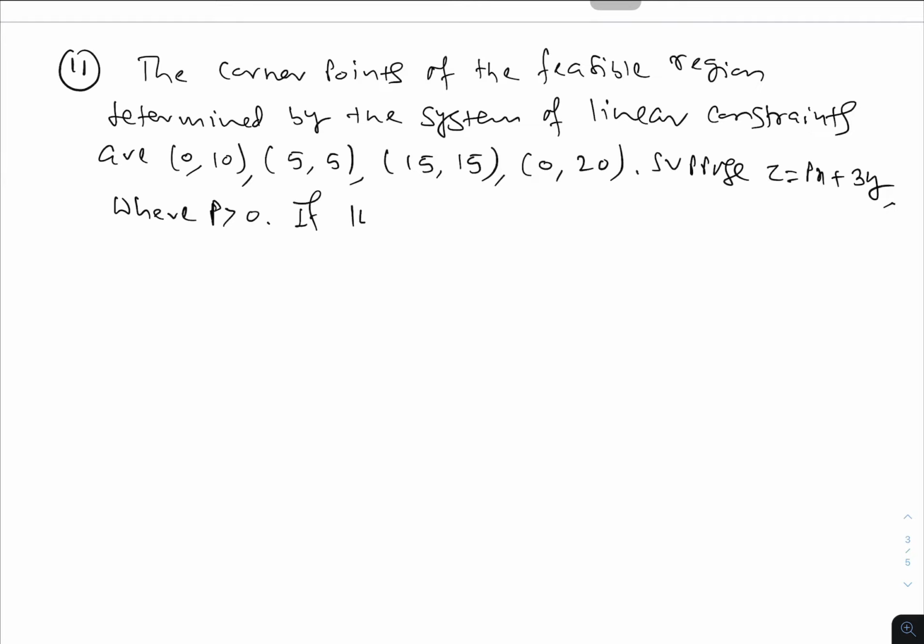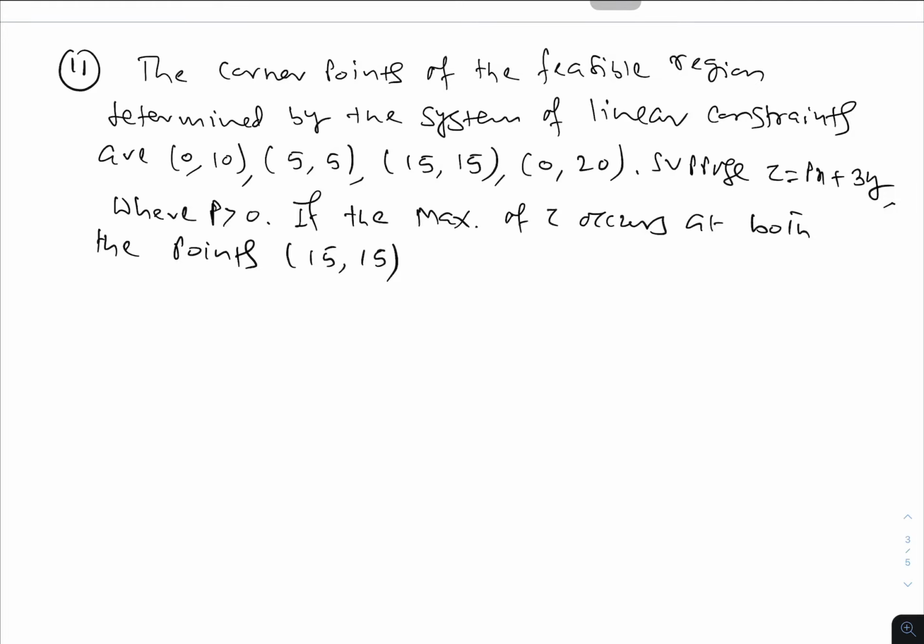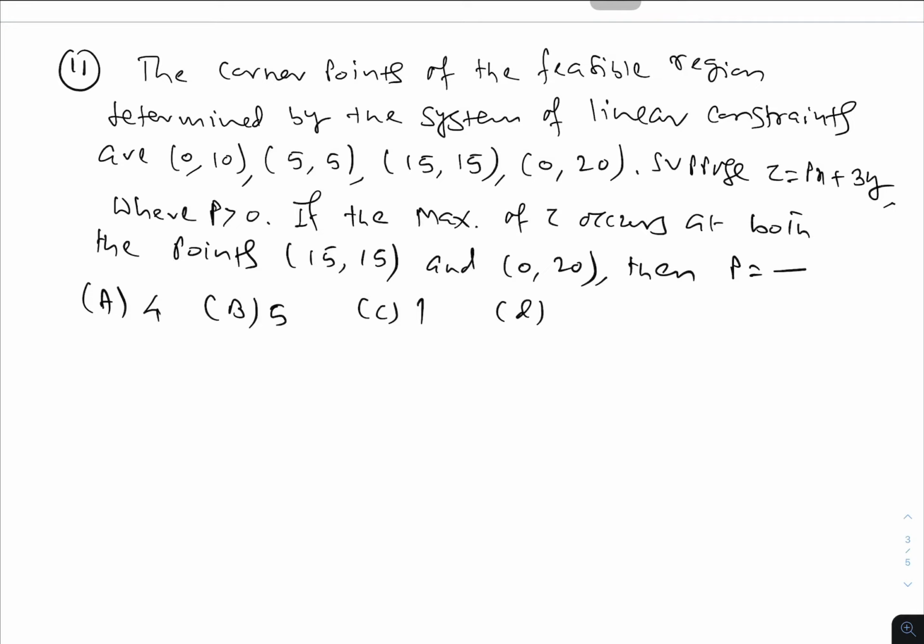If the maximum of z occurs at both the points 15, 15 and 0, 20, then p is blank. So the options are 4, 5, 1 and 2.